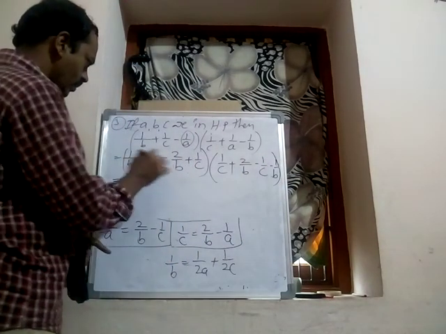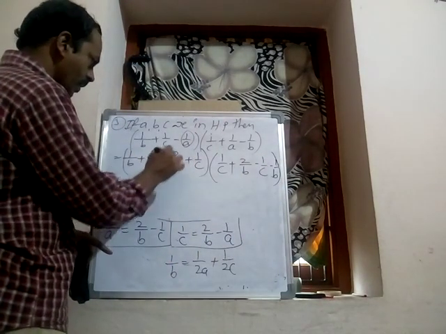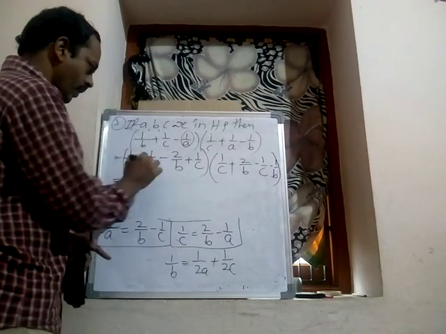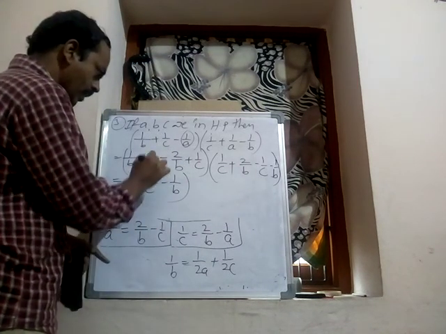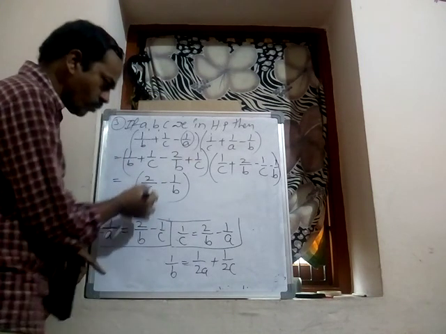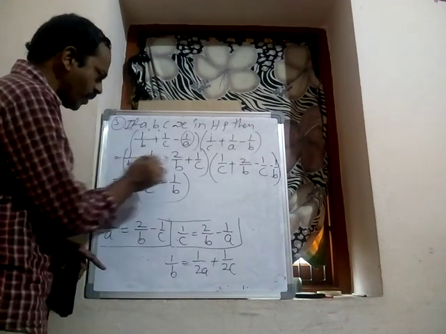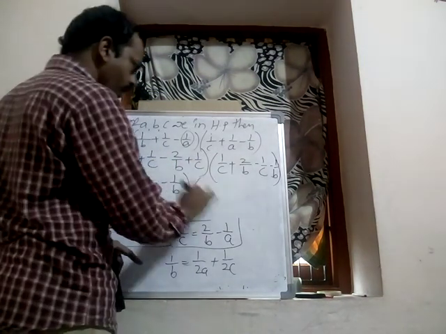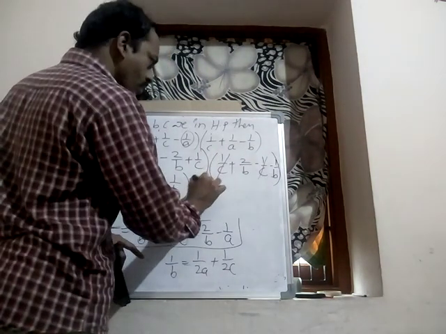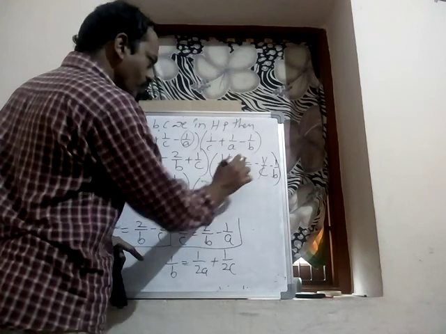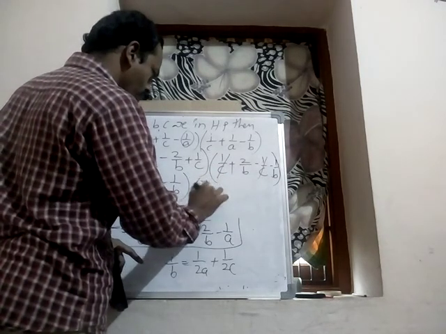So here 1/b - 2/b - 1/b, here 2/c - 1/b. 1/c + 1/c is 2/c, minus 1/b, minus 2/b minus 1/b, and plus 1/c minus 1/c cancel. So 2/b - 1/b is 1/b.